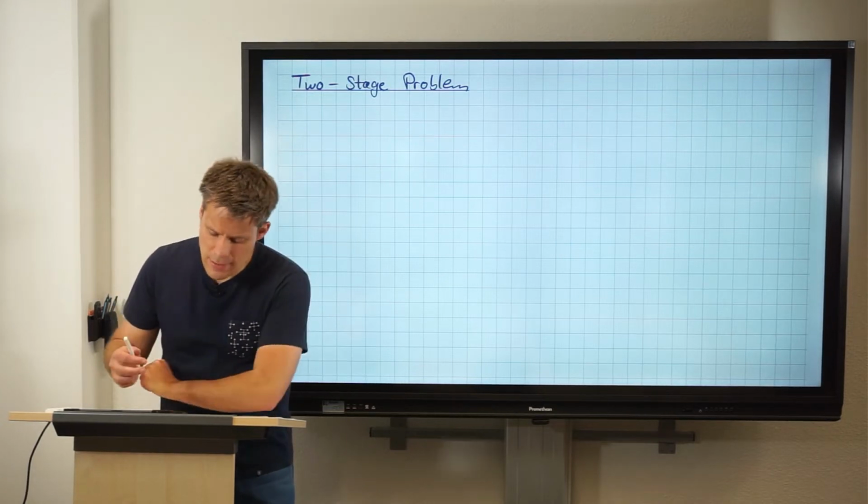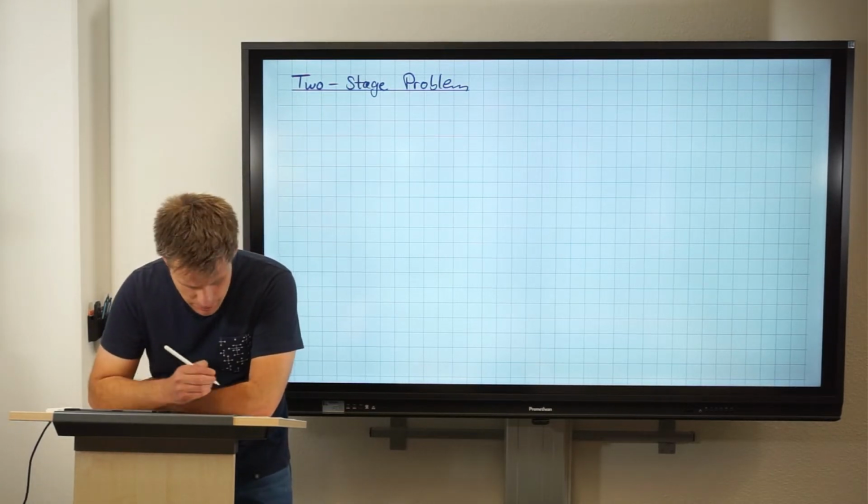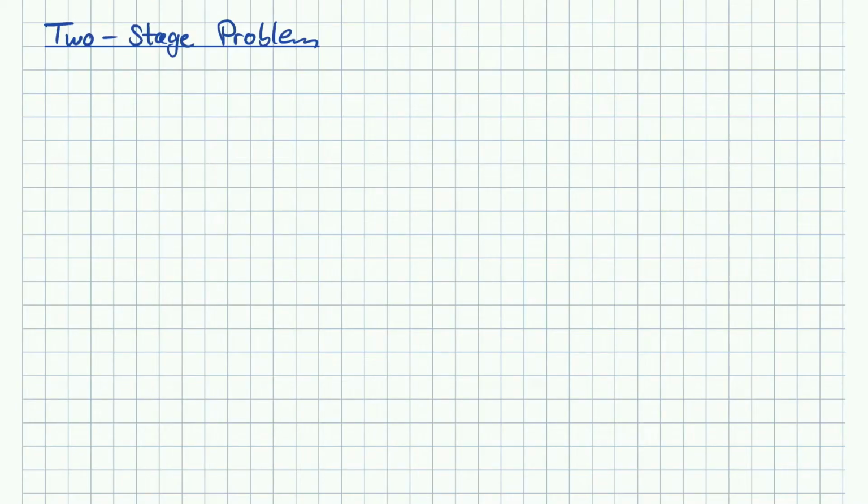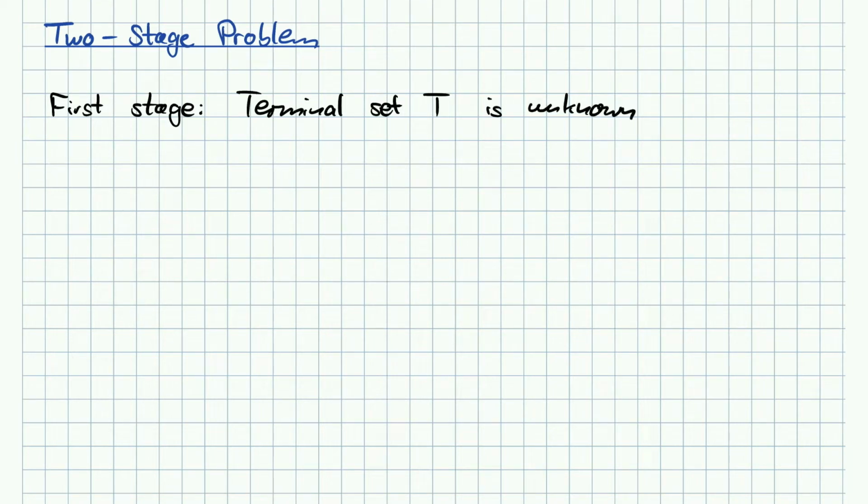And more precisely, this looks as follows for this problem. So in the first stage, the terminal set T is unknown, and we know only a probability distribution.